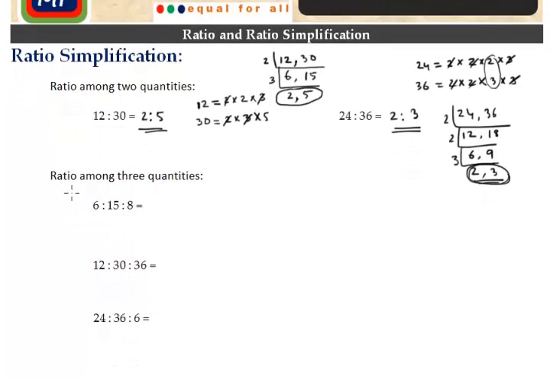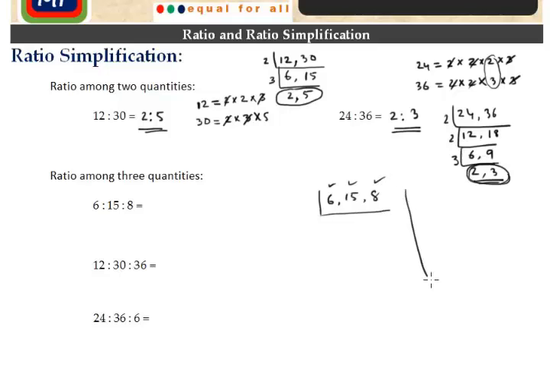For a ratio among 3 quantities we can use both approaches, but we will use this approach because it is easier to handle. 6, 15 and 8. Here we don't have anything common. That means we can't take anything common other than 1 that goes in all 3 of them.